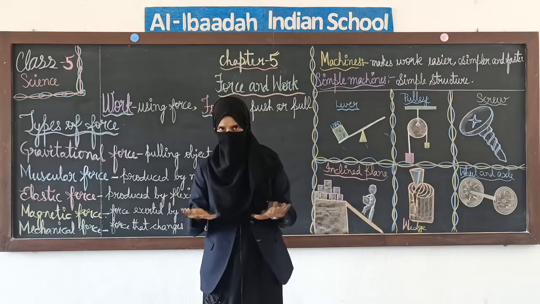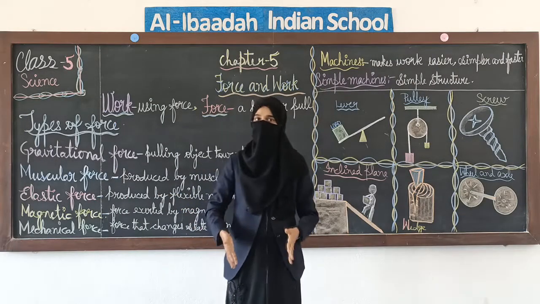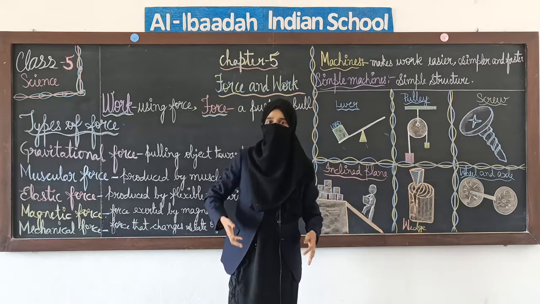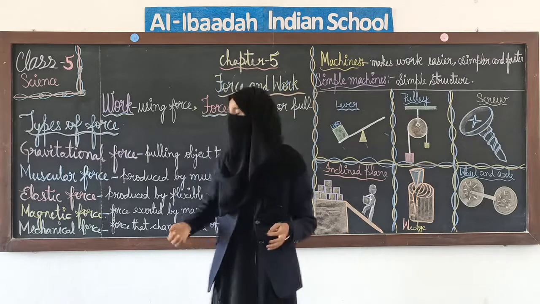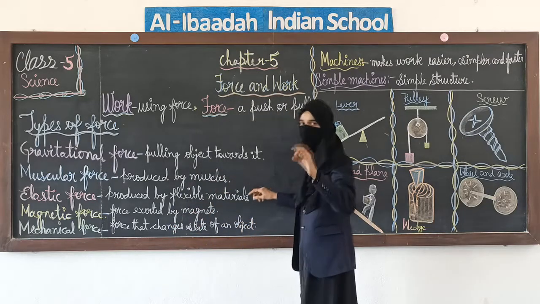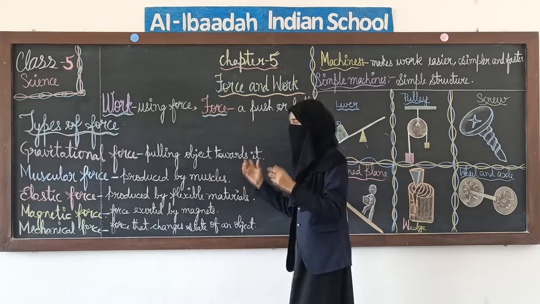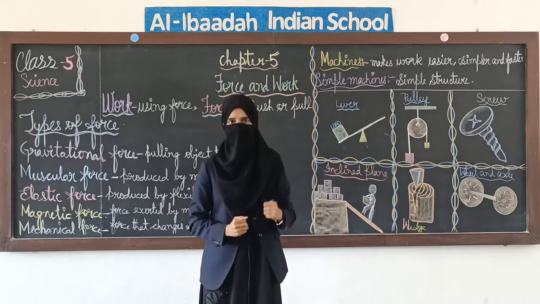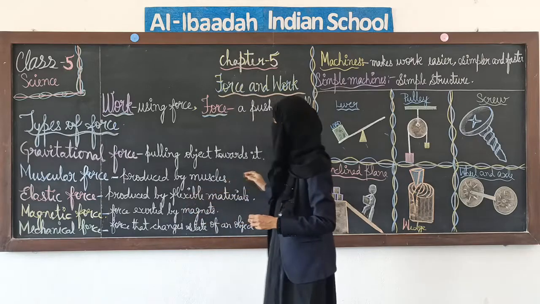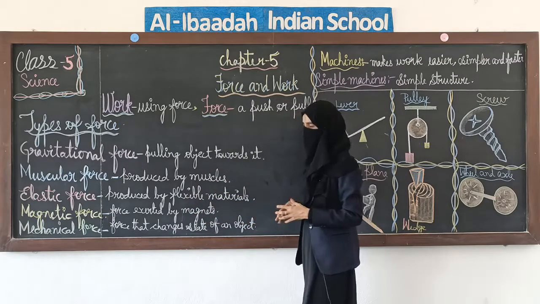They keep floating because they don't have gravitational force in space. There is no gravitational force, so they wear heavy shoes and walk step by step. It is called zero gravity, and when there is gravitational force, it helps us to walk easily, climb easily.